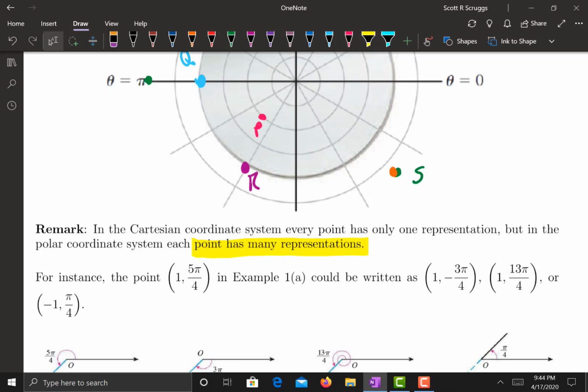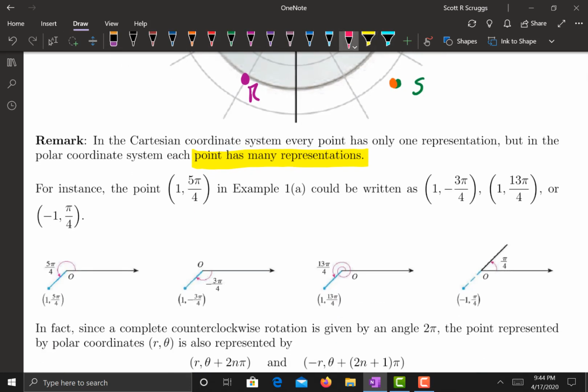I mean, in part D, I represent S as negative 3, 3 pi over 4, or 3, 7 pi over 4. And with that same idea, I can actually represent our first point in this example from 1a as follows. I kept the same point, didn't change the radial coordinate, but instead of rotating counterclockwise 5 pi over 4 radians, I now rotated clockwise 3 pi over 4 radians.